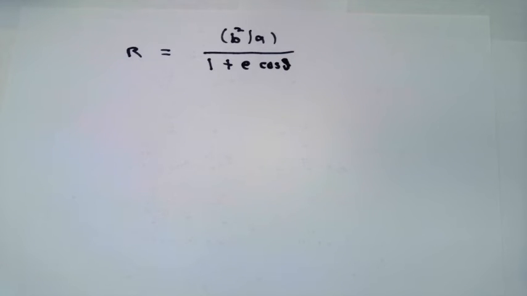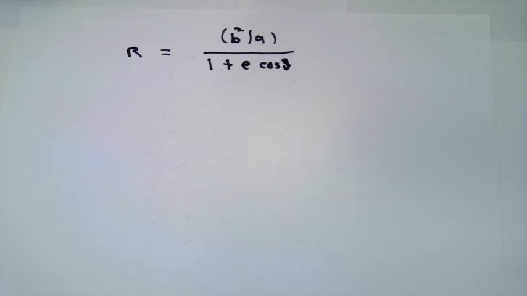If I do the indicated arithmetic, r is a constant, b squared divided by a in the numerator, divided by 1 plus the eccentricity times the cosine of the angle theta in polar coordinates. This general appearance is how we will represent an ellipse in polar coordinates.